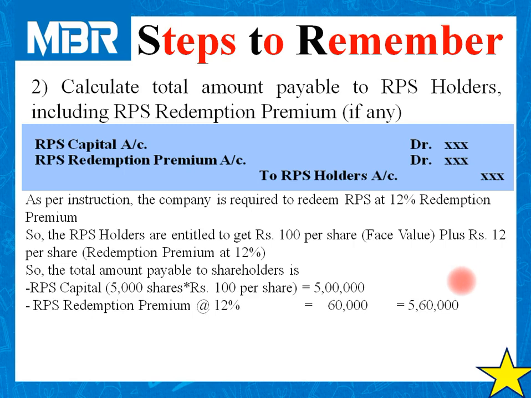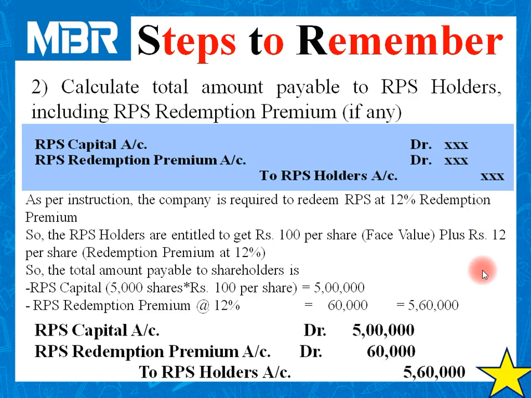Step number 2 is the amount payable to RPS holders. As per the information given in the question, redeemable preference shareholders are entitled to receive face value plus 12% redemption premium. It is already given in the question. If you want to pass a journal entry for this transaction, what will it be?